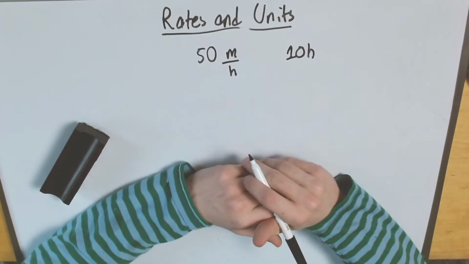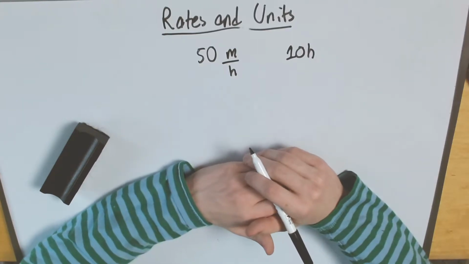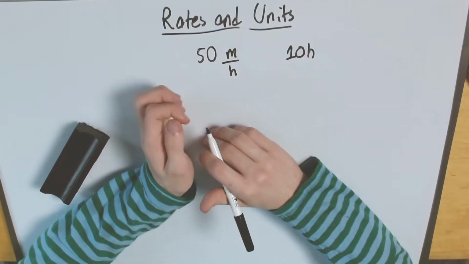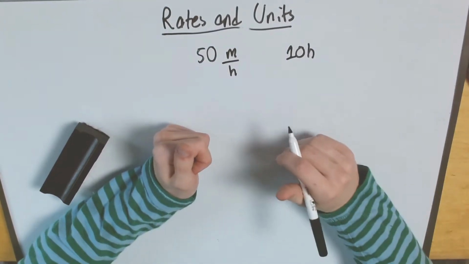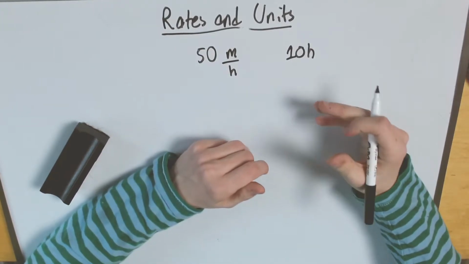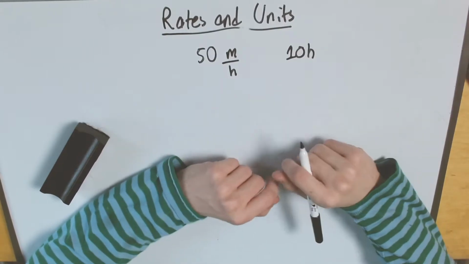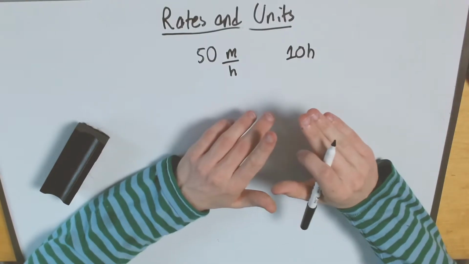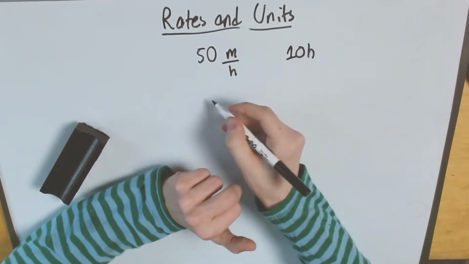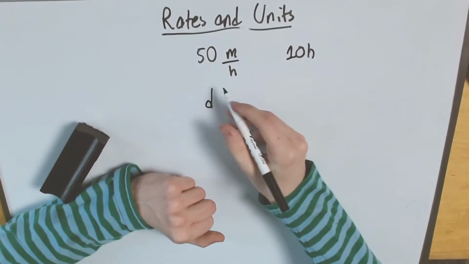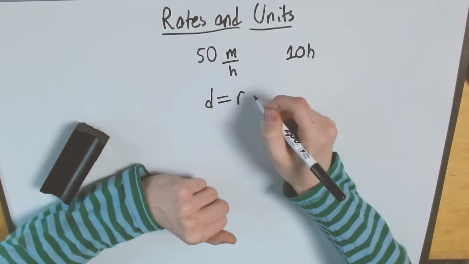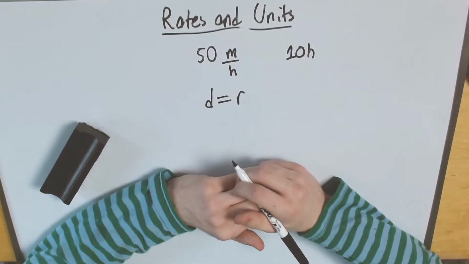And so what they're asking is how far. That's a distance question. So they're really asking you, given that I've been going at what we would call a rate of 50 miles every hour, or per hour, and I've been doing that for 10 hours, how far have I traveled? And a great way to represent this, of course, is algebraically. We can say our distance d is equal to the rate r at which we're traveling, right?